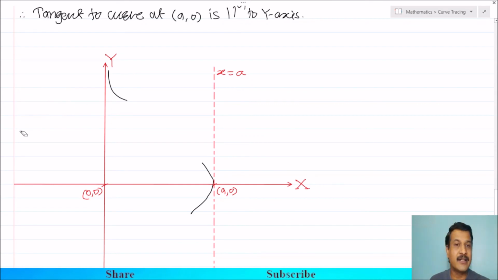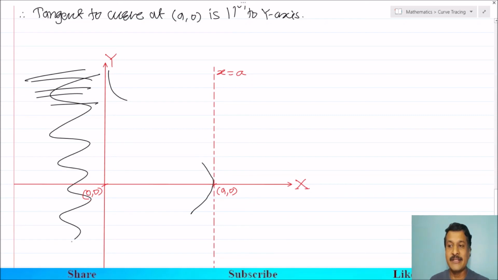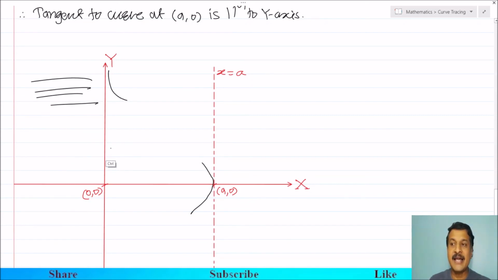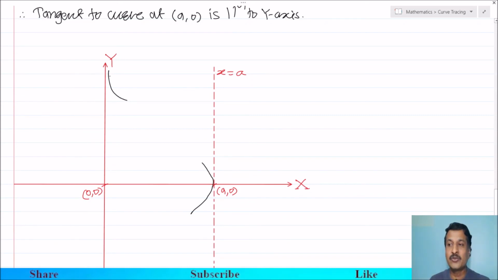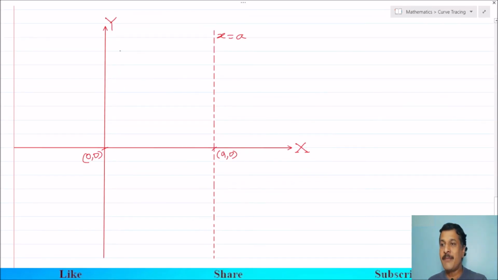Definitely here the curve does not exist. Why? Because in this region x is less than 0. So only one side: you try to join this curve and this curve, but as a smooth curve. It is not supposed to have a point like this. You join it smoothly. So here I am getting the nature of the curve like this.